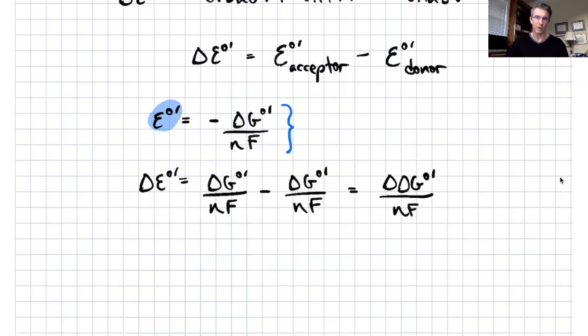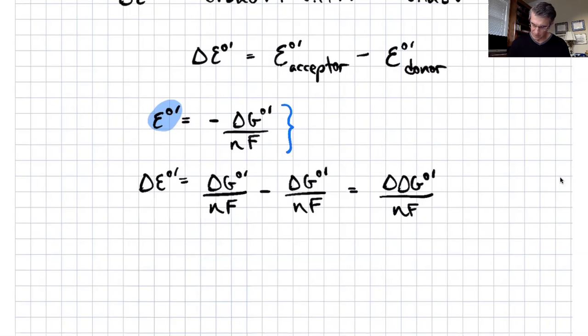That's also inherent in the way we talked about the standard hydrogen electrode. So if these delta G values are all relative to a zero reference, that delta delta G we can dispense with, because we're subtracting two numbers that were both differences relative to zero.